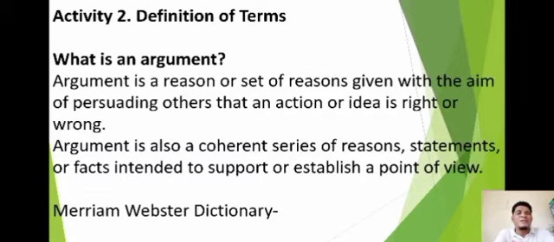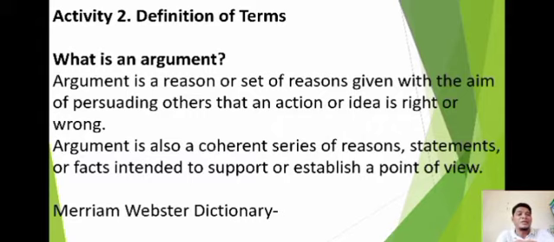Okay, let us define first the argument. What is an argument? So argument is a reason or set of reasons given with the aim of persuading others that an action or idea is right or wrong. So according to this definition, argument is a reason. Reason meaning it is a different kind of reason that is given with the aim of persuading others.